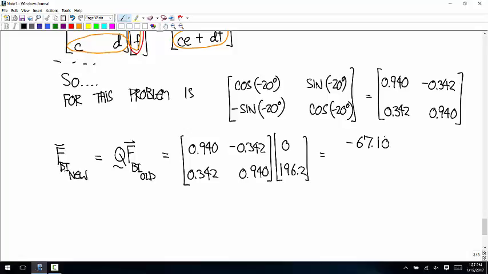I'll just call it that. And then what's 0.940 times 196.2? 184.37. So now 184.37 is the normal, 67.1 is the friction force.